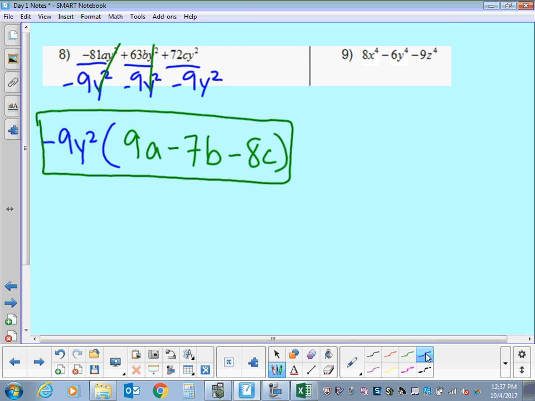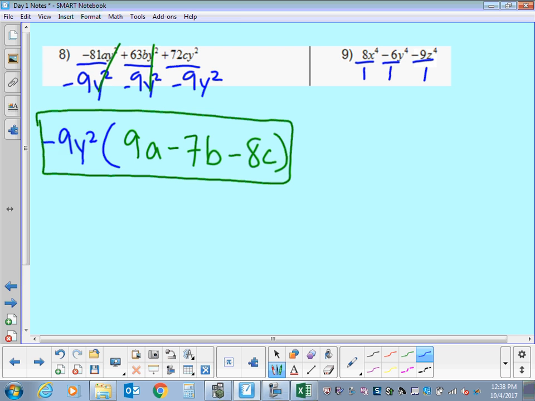Alright, so number 9, Eric said, what if the GCF is just nothing? If we look at my numbers, I have 8, 6, and 9. Does anything go into that evenly? No. What about x, y, and z? No. So my GCF is just 1.